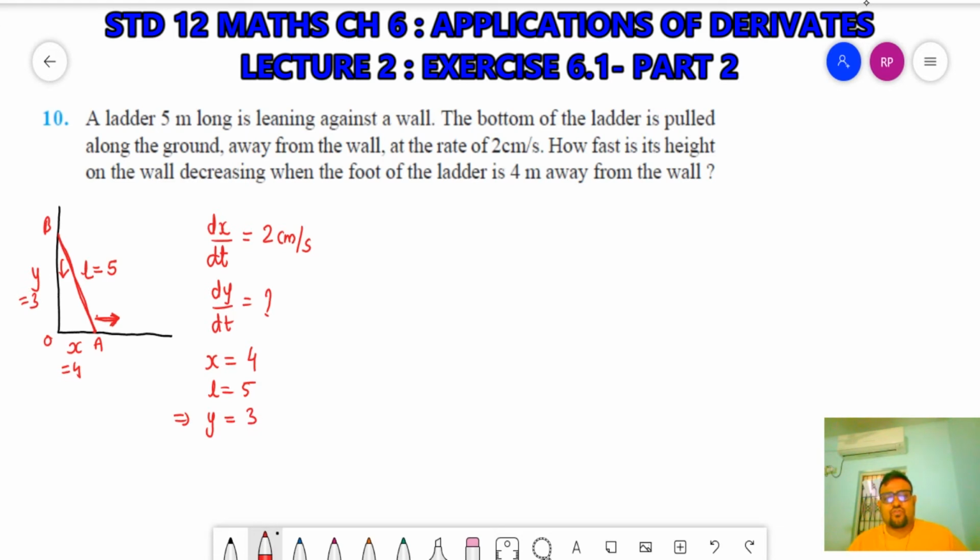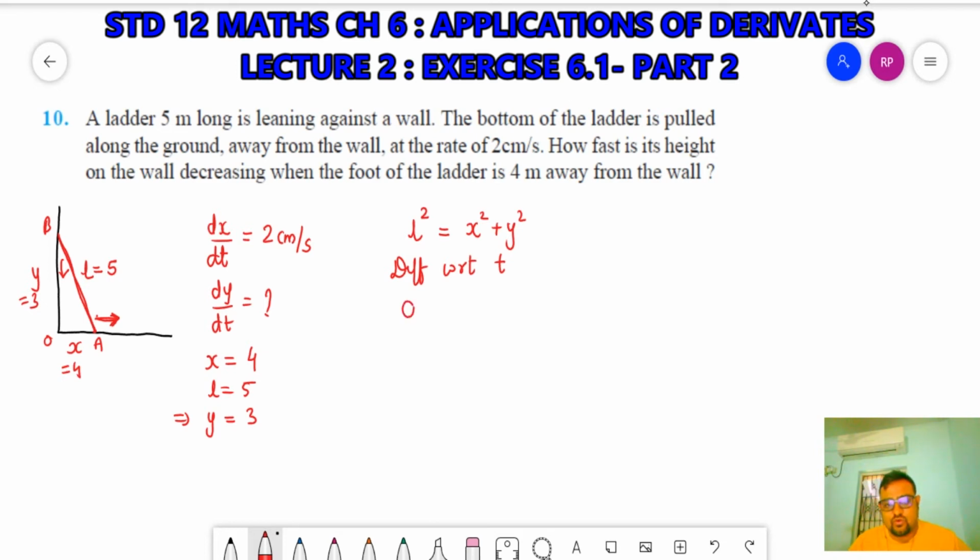Now I will use the formula L square is equal to x square plus y square, the Pythagoras formula for a right angle triangle: hypotenuse square is equal to the sum of the squares of the sides. Differentiating with respect to time, the length of the ladder remains constant. When you move it this way, x and height y change, but the length doesn't change.